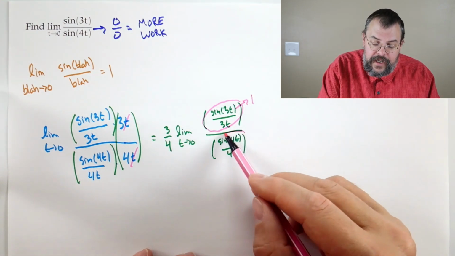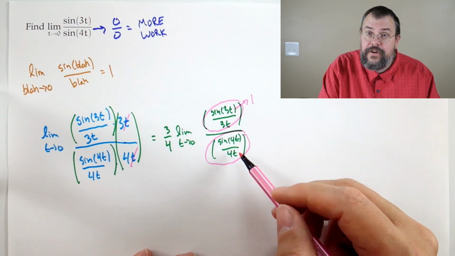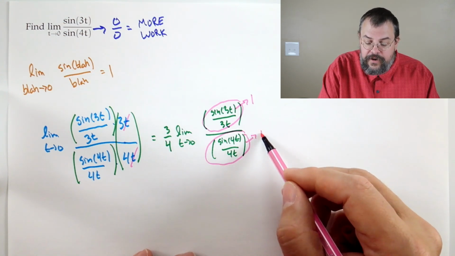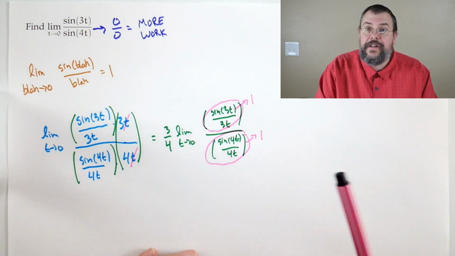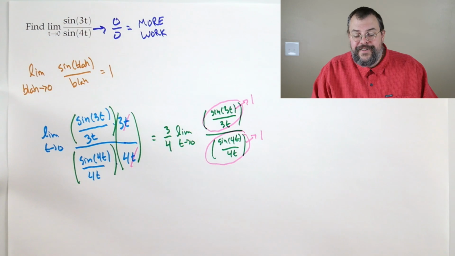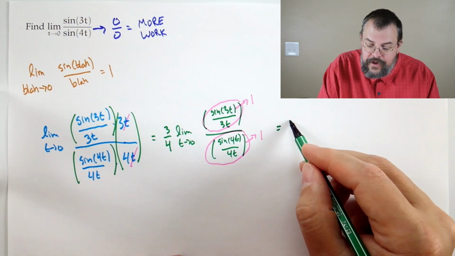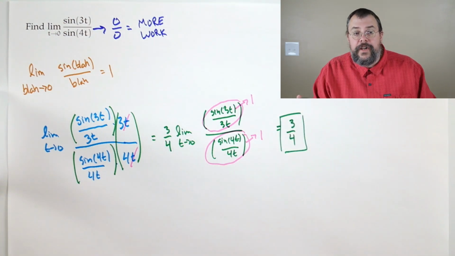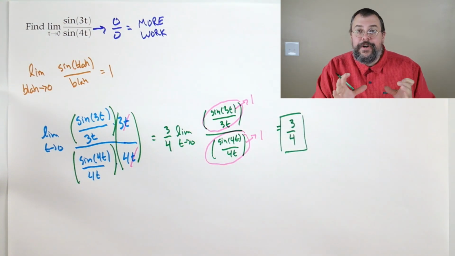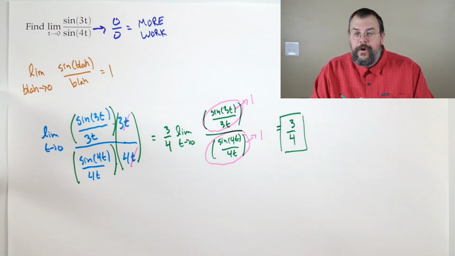Sine of 4t over 4t, same process, because that 4t is going to 0, this whole expression goes to 1. So the limit is going to go to 1 over 1, which is 1. So our final answer is 3 over 4. Good. And we're done.